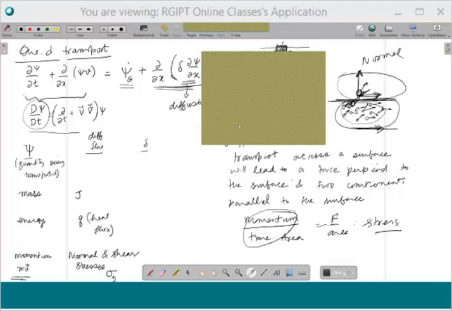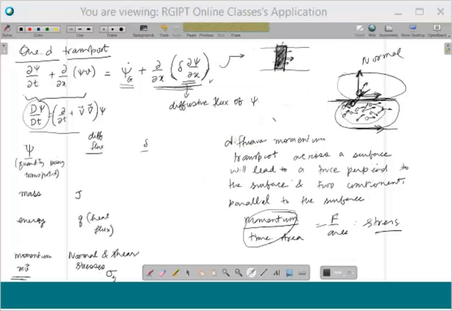Here in general you are looking at a surface, right? The surface has two parallel directions and one perpendicular direction.